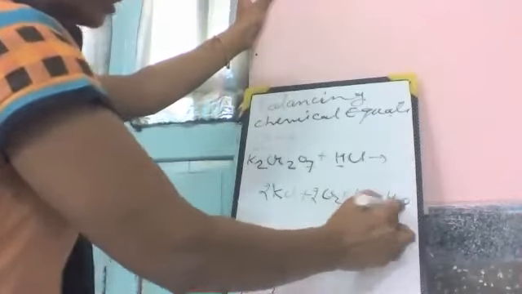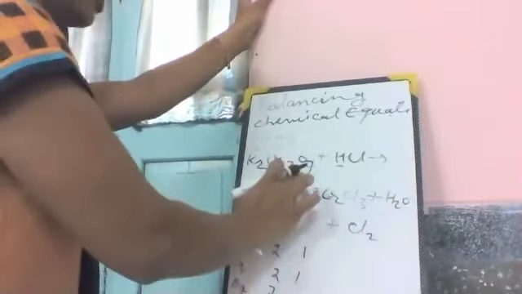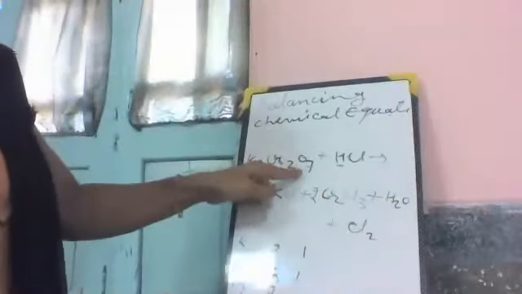Number of hydrogen is 1 here and 2 in the water. Oxygen is 7 here and here is 1 only.